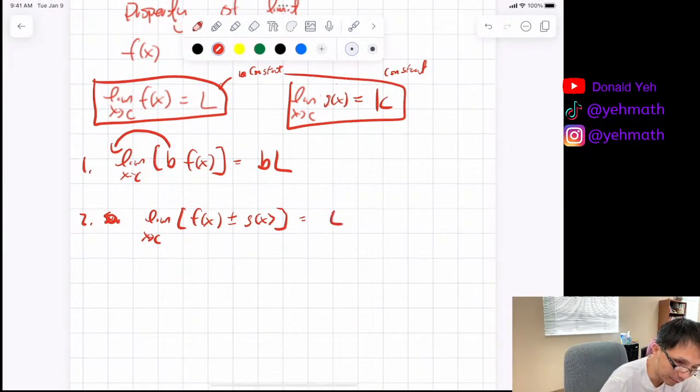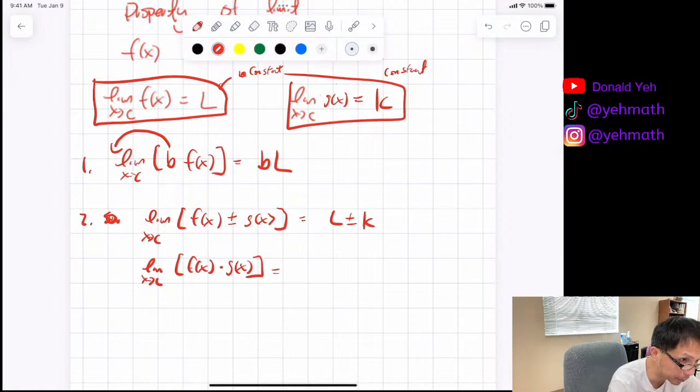There we go. It's very intuitive. It's not something crazy. Same thing: the limit as x approaches c of f of x times g of x. That's equal to what? Okay, good. So I would say the first is the most important one. If it's a constant, you can move it outside.